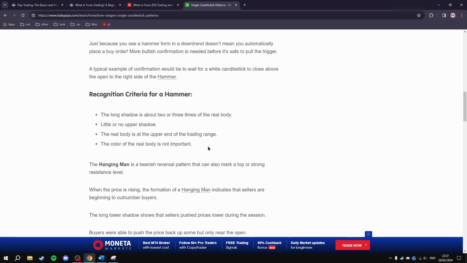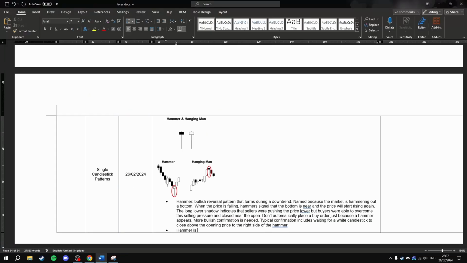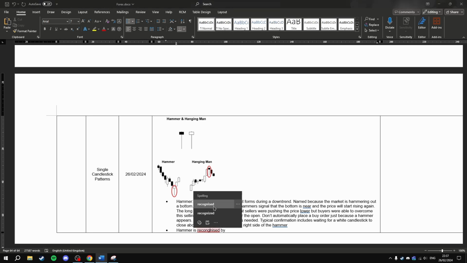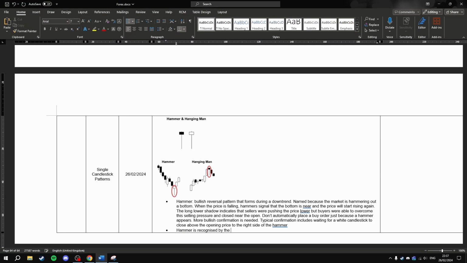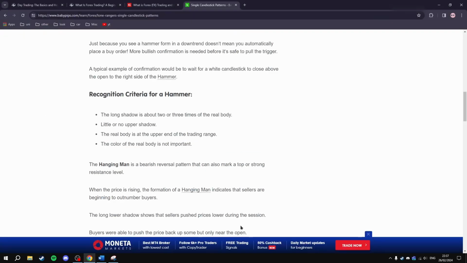Recognition criteria for a hammer. The long shadow is about 2 or 3 times the real body. A hammer is recognized by the long shadow being 2 or 3 times the size of the body.